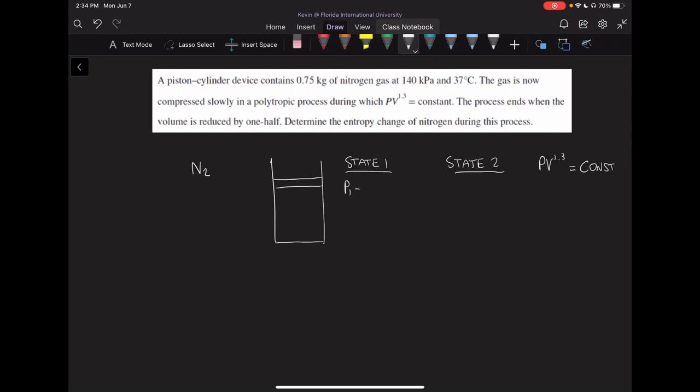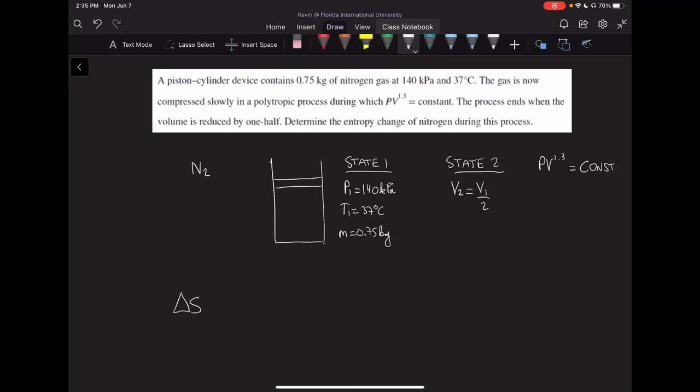At state 1, pressure 1 is 140 kilopascals, temperature 1 is 37 degrees Celsius, and the mass is 0.75 kilograms. At state 2, V2 is equal to V1 over 2. Essentially V1 is double V2. We're told to find the change in entropy.